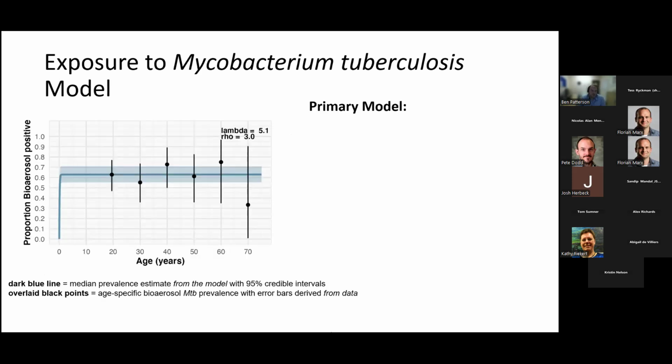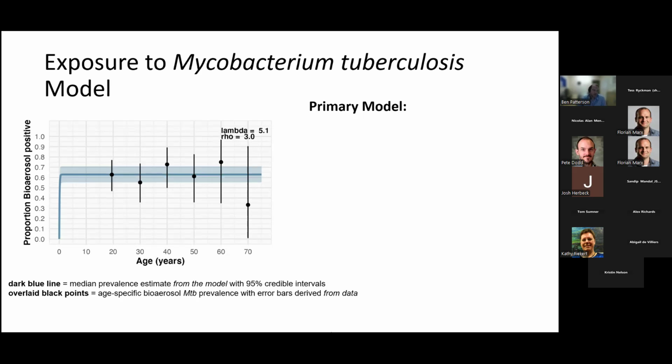Okay, so this is essentially the result. I'll just talk you through this plot. The dark points with the error bars are the age-specific prevalence data that we have from the second study that I discussed.